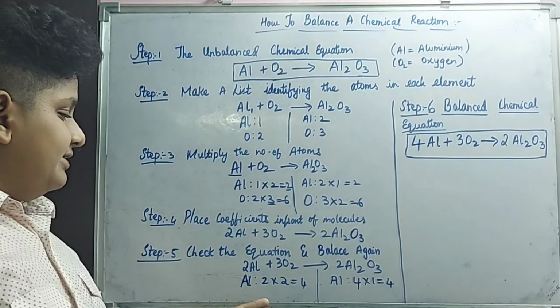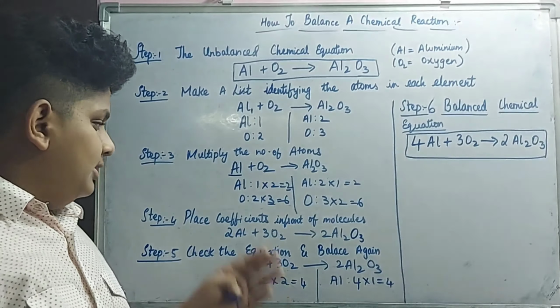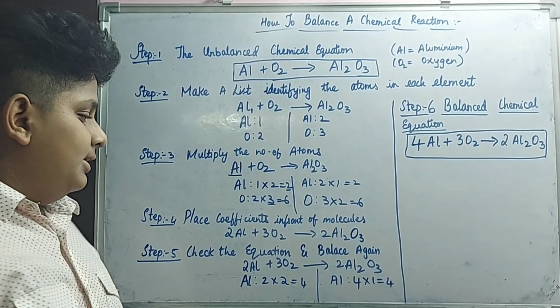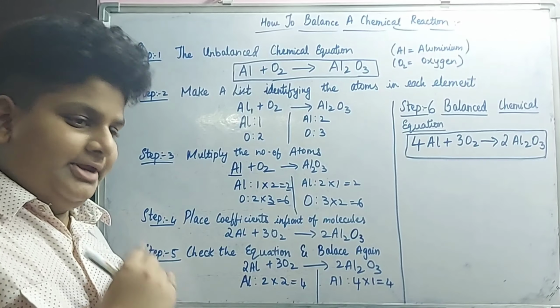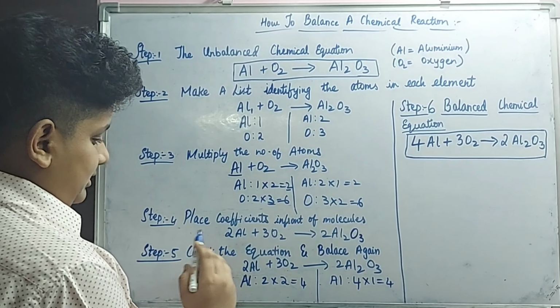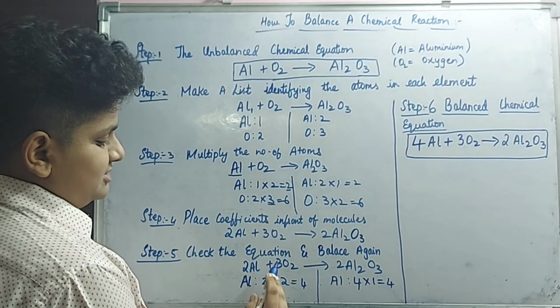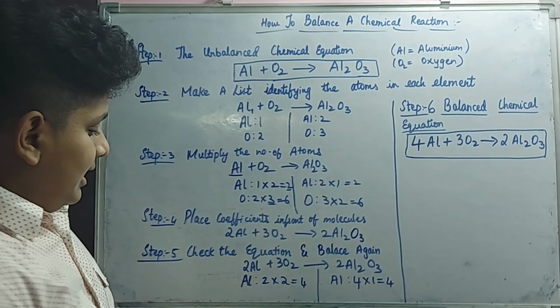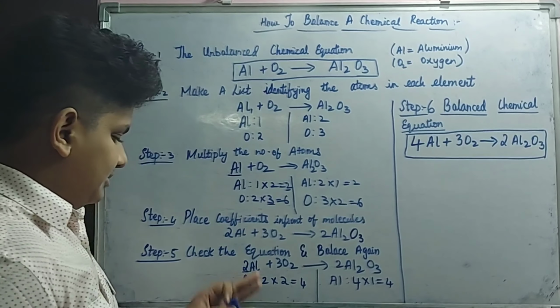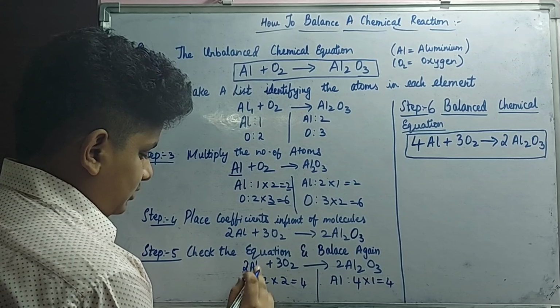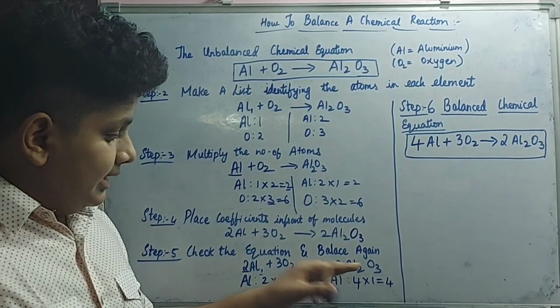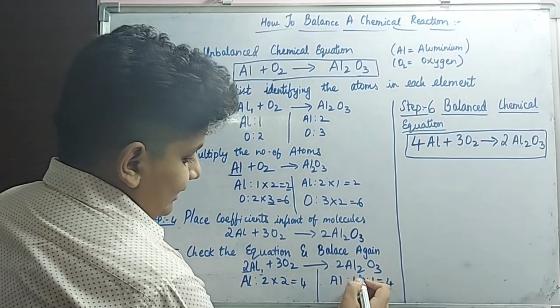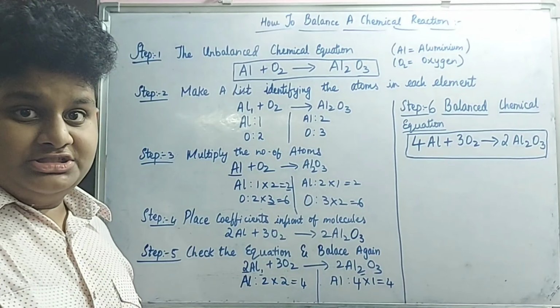Step 5: check the equation and balance again. Here we balanced it the first time and now we shall balance it completely. Here the equation is 2Al plus 3O2 goes to 2Al2O3. Here Al has a coefficient of 2 but on the other side just 1 atom, so it is still not balanced.